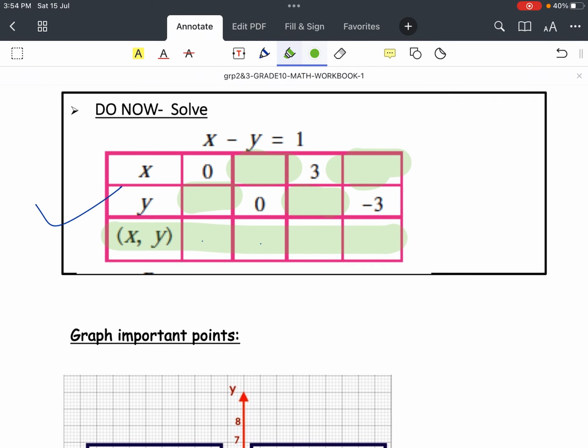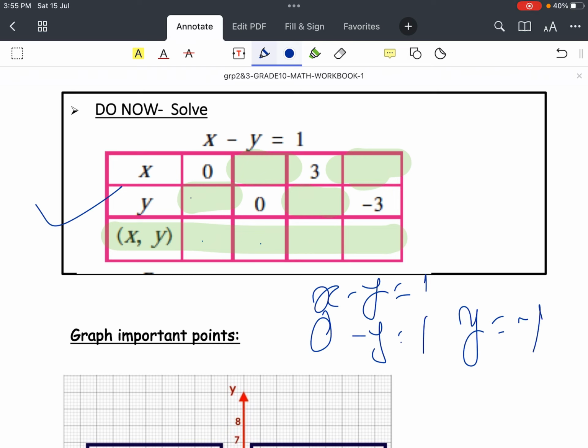Okay, so let's complete this table. The question is like that, x minus y is equal to 1. For that, x is equal to 0, so minus y is equal to 1, so ultimately y is equal to minus 1. So write down minus 1 here, 0, minus 1.